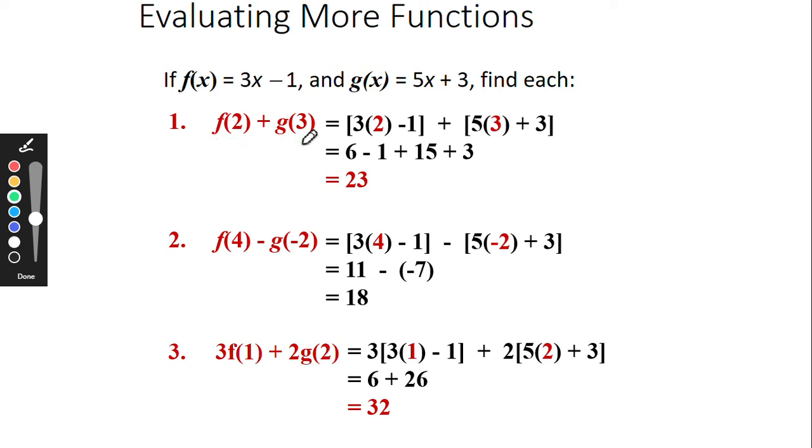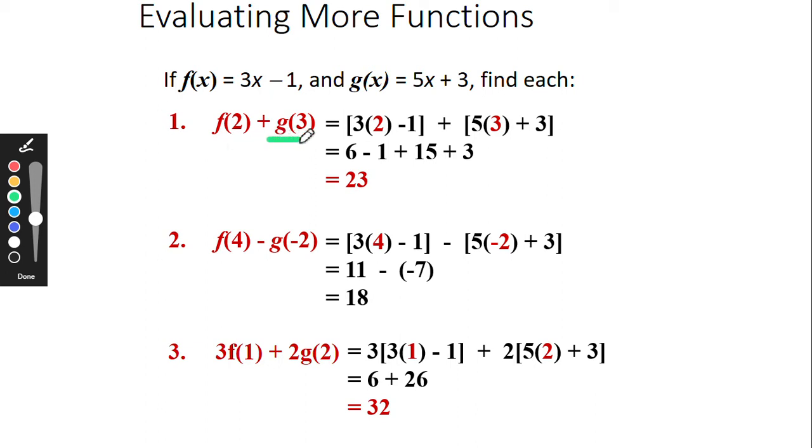And listen to me carefully. Forget about what is on this side. Just listen to me. A simple way to do this, you're going to find what f of 2 is.